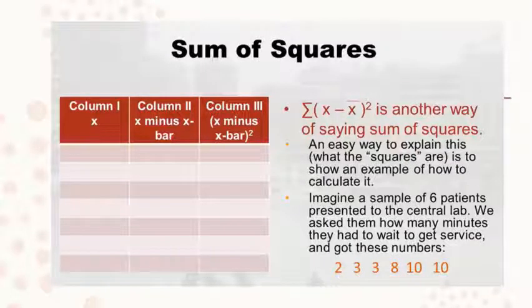Everybody, it's the moment we've been waiting for. We want to figure out how in the world to work this crazy portion of that formula right here. We're going to uncover the mystery in the next few slides. Just so you guys know, you don't necessarily need to memorize this little equation here, but when you see it, just know that this is another way of saying sum of squares.